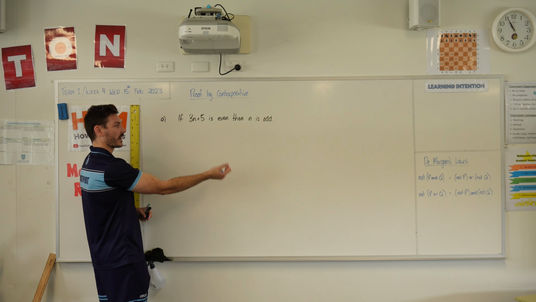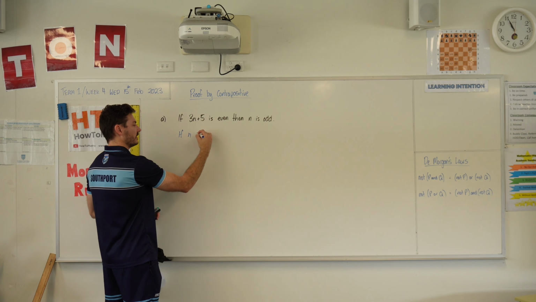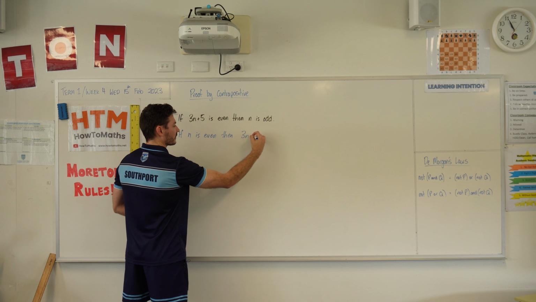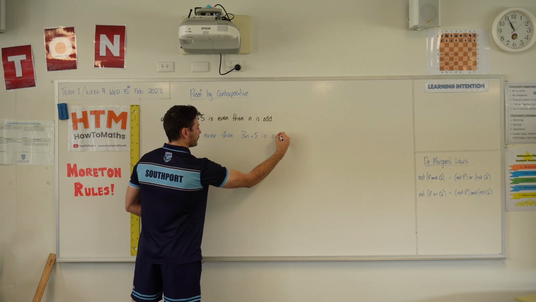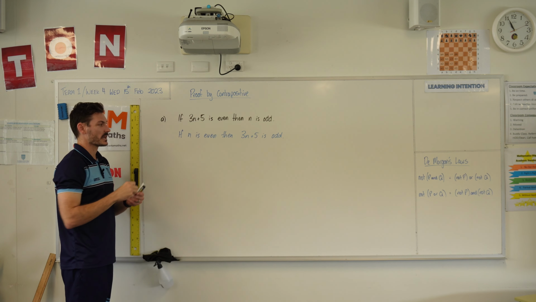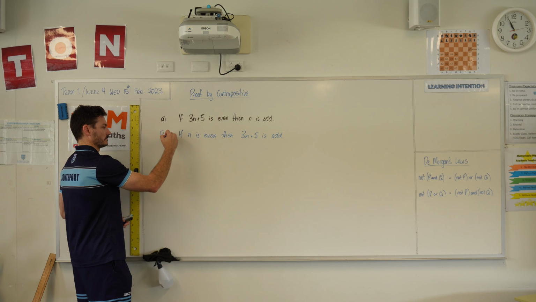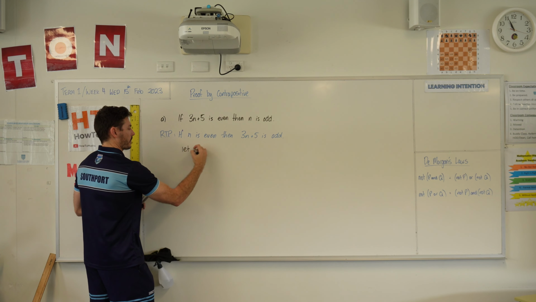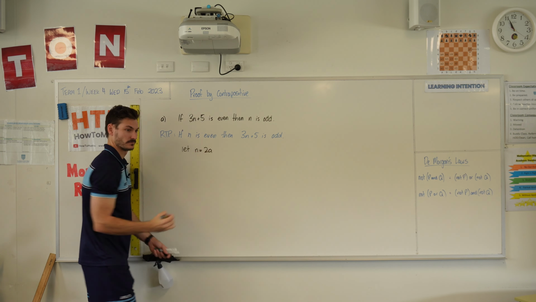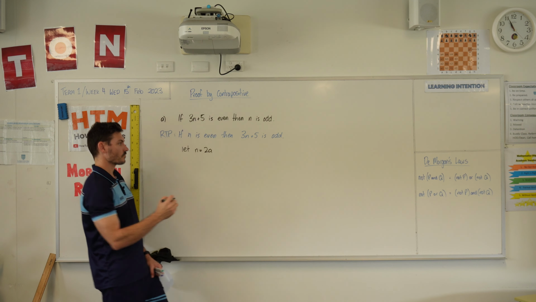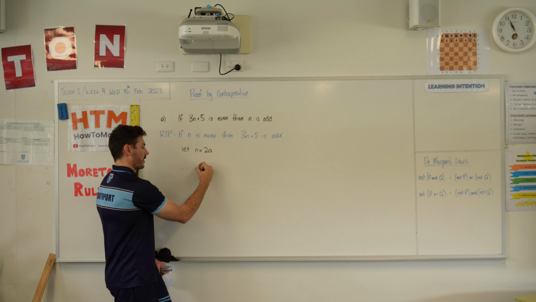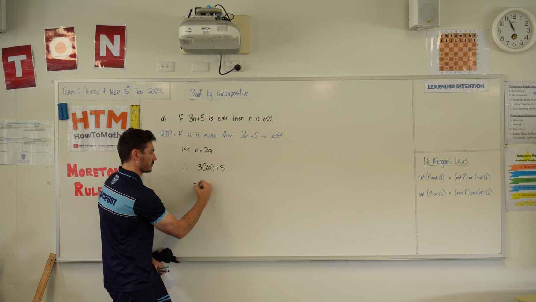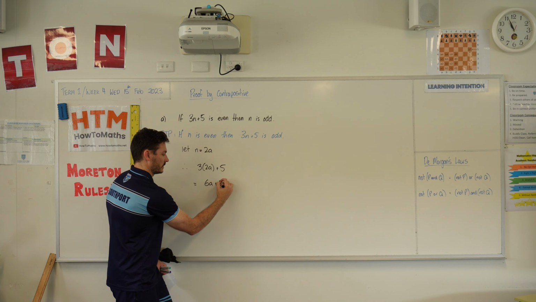So flip and negate. If n is even, then 3n plus 5 is odd. That's our RTP. So we start by saying let n equal 2a, the definition of an even number, and therefore 3 lots of 2a plus 5 is equal to 6a plus 5.